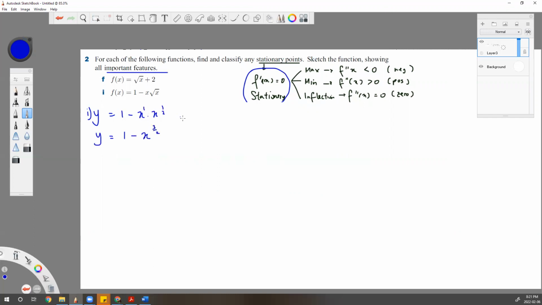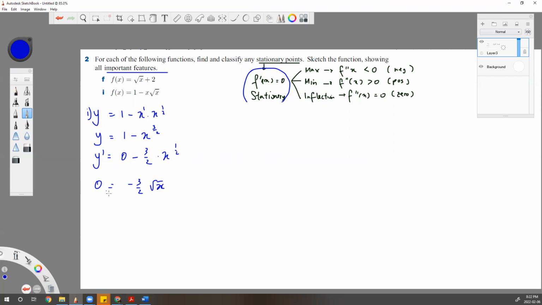Because 1 plus half is 1.5, which is 3 over 2. And you can find the derivative: the 1 is 0, minus 3 over 2 x power 1 over 2, right? You do the power and then subtract 1 from the power. It will be half.